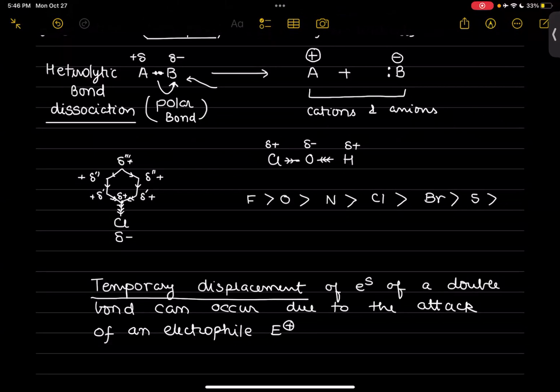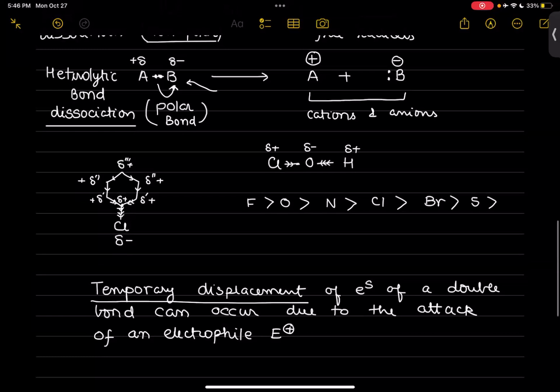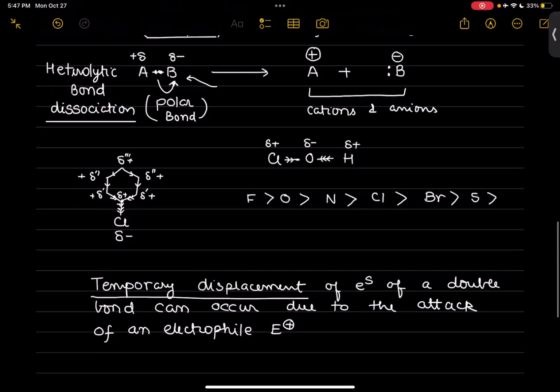Is it clear? Why is it a permanent effect? Because Cl has the negative charge, and it will always have that negative charge on it, and the positive charge is there because it is always electronegative.